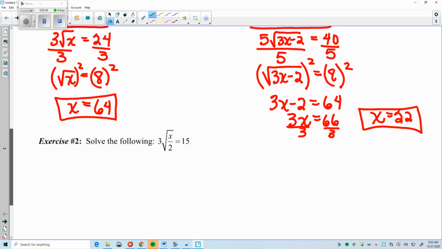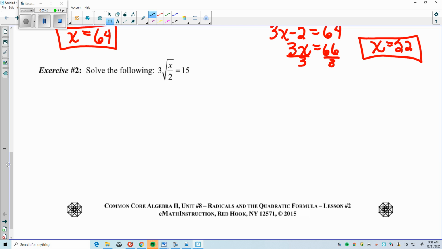Okay, we have another one here. Maybe it just looks a little uglier because we have a fraction, but it's the same process. Step number 1, I'd divide each side through by 3. So I'm left with the square root of x divided by 2, and on this side we have 5. Then I need to square each side so I can get to the x, which is under the square root.